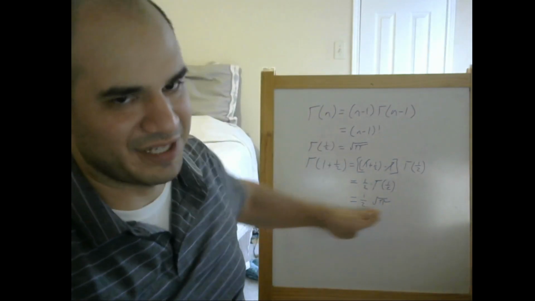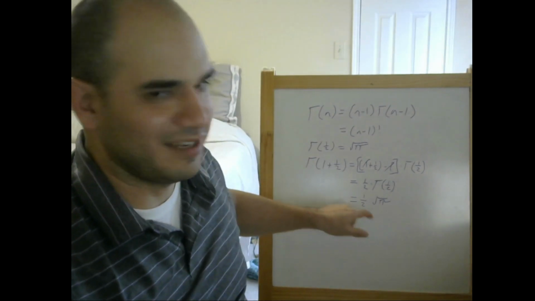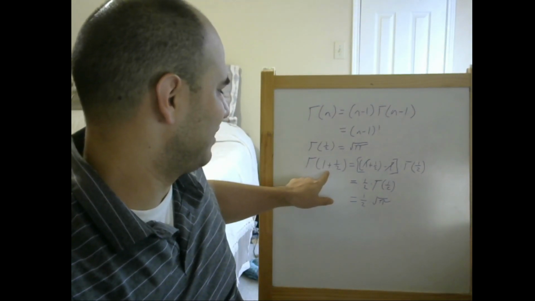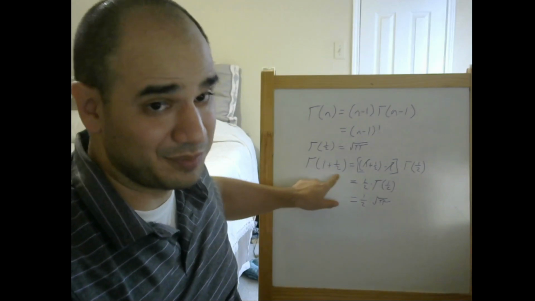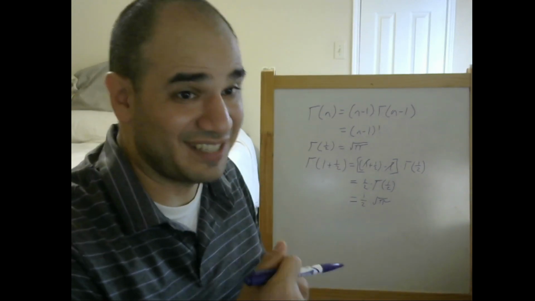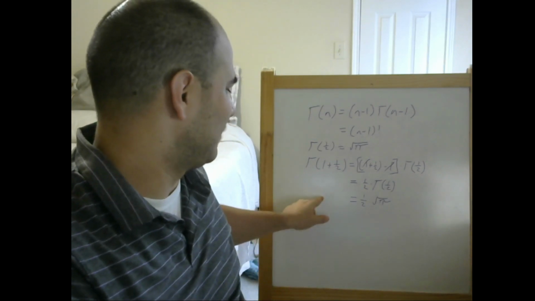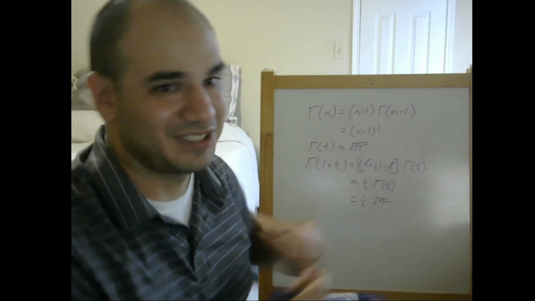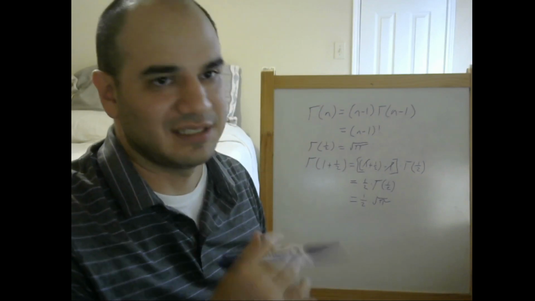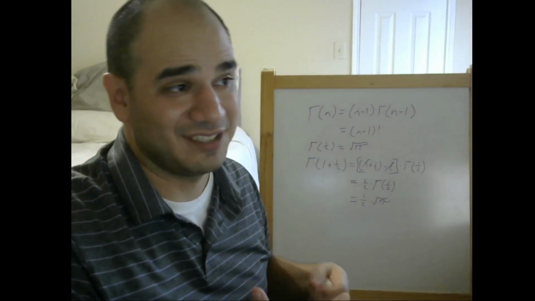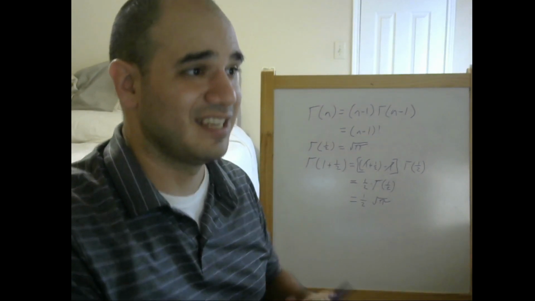So we end up with 1/2 square root of pi. If we were to do gamma of 2 plus 1/2, then we would get that recursive definition, so that it's 1.5 times this result, and so forth, right? So it's defined at the half values as well as at the integers.